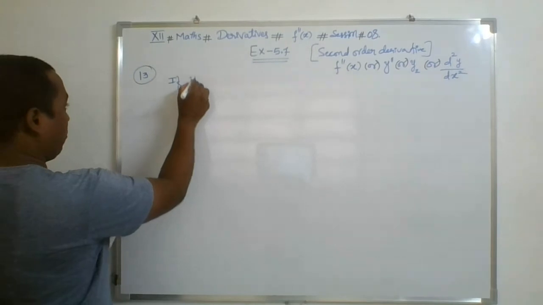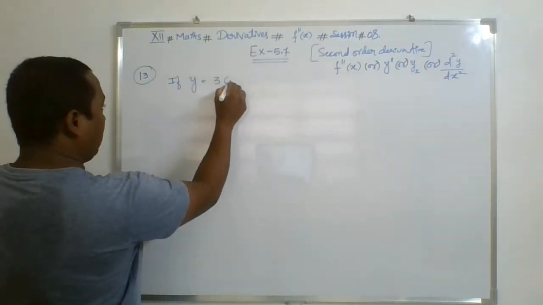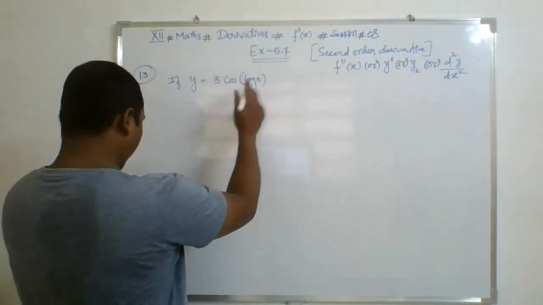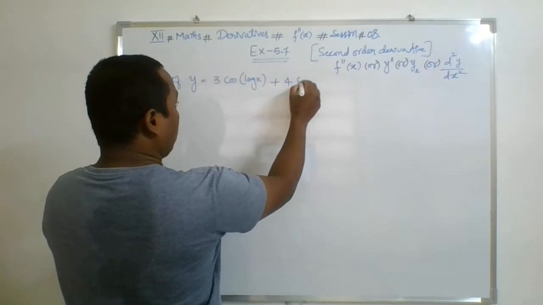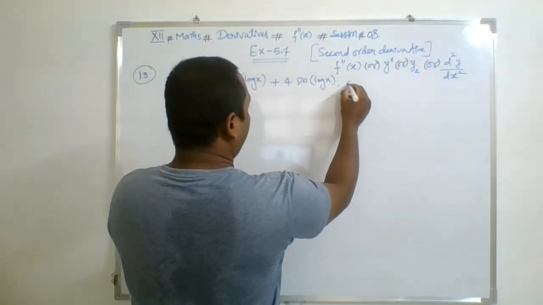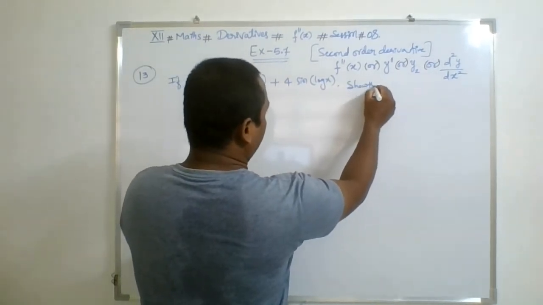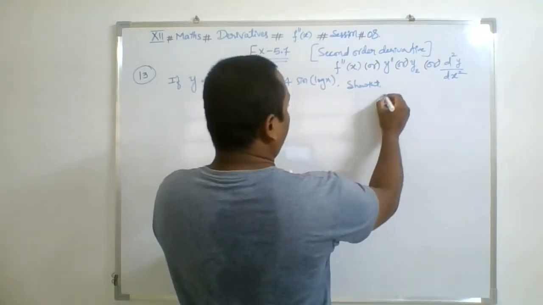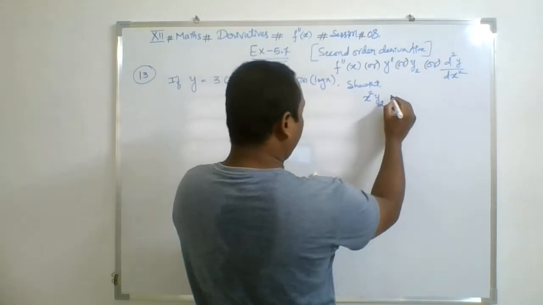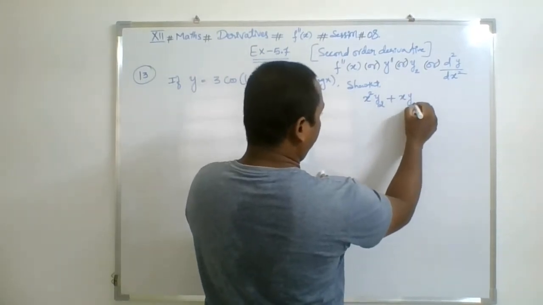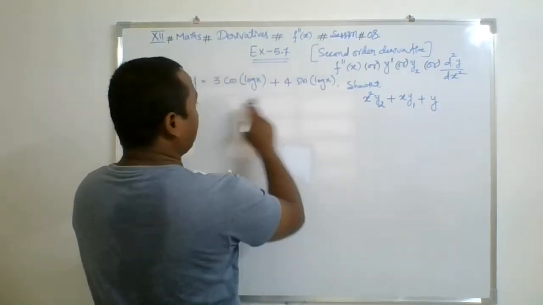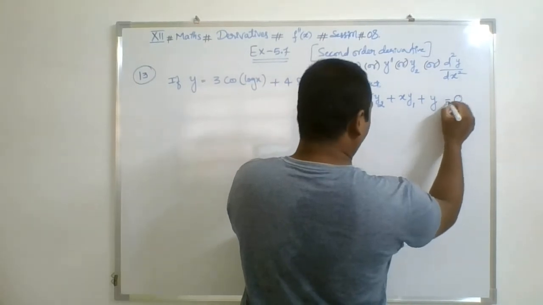If y is equal to 3 cos of log x, function of function, plus 4 sine of log x, then show that x square into y2, that is y2 means double derivative, plus x into y1, that is single derivative, plus y, means the function itself, equals 0.